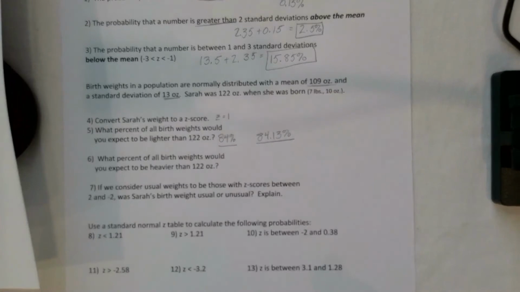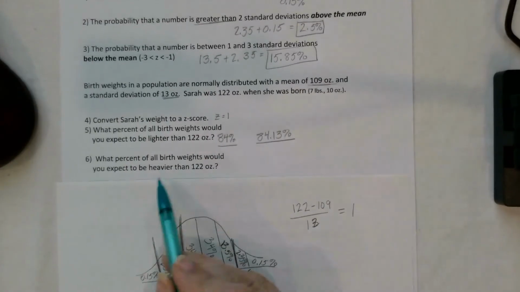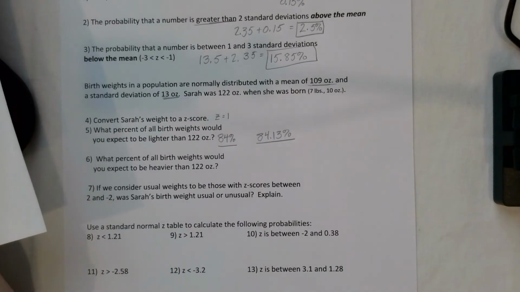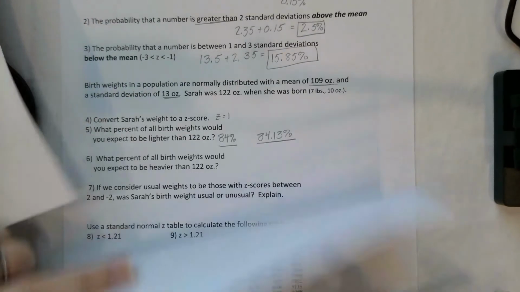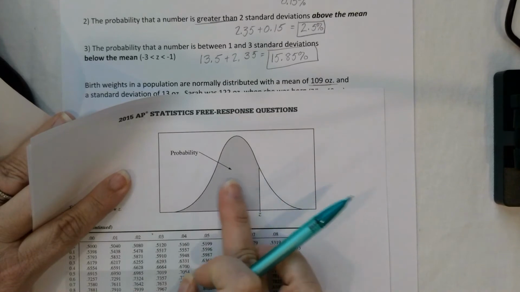Okay. Number 6, what percent of all birth weights would you expect to be heavier than 122 ounces? Well, when we use our z-scores and we get this number, this 84.13, that's telling us everything lighter than or less than.